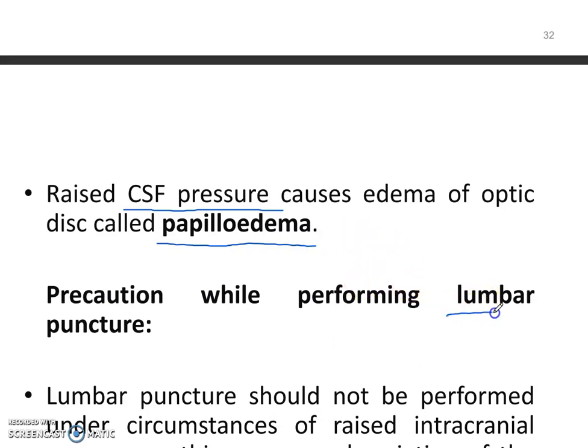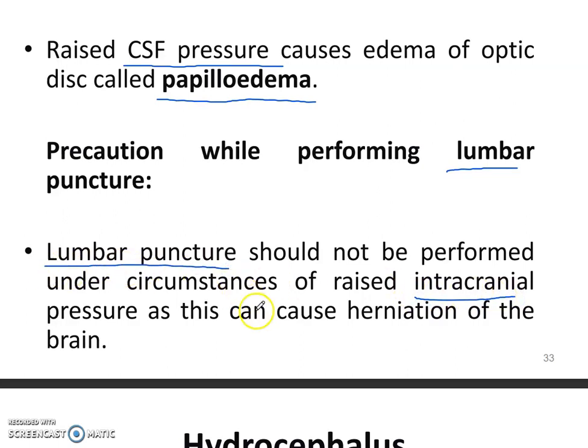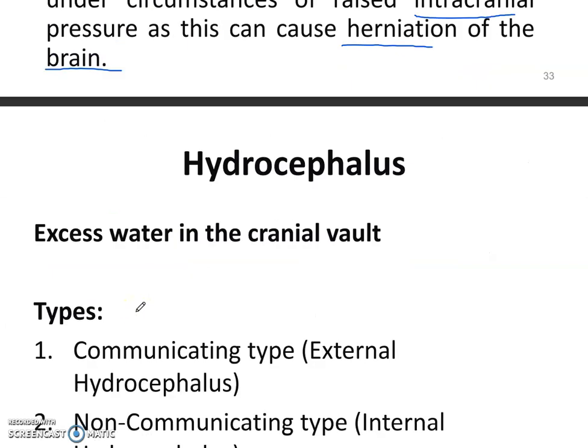Precautions when you are performing lumbar puncture: when there is high intracranial pressure, do not perform lumbar puncture because this can cause herniation of the brain, and the hindbrain can move towards the spinal cord.